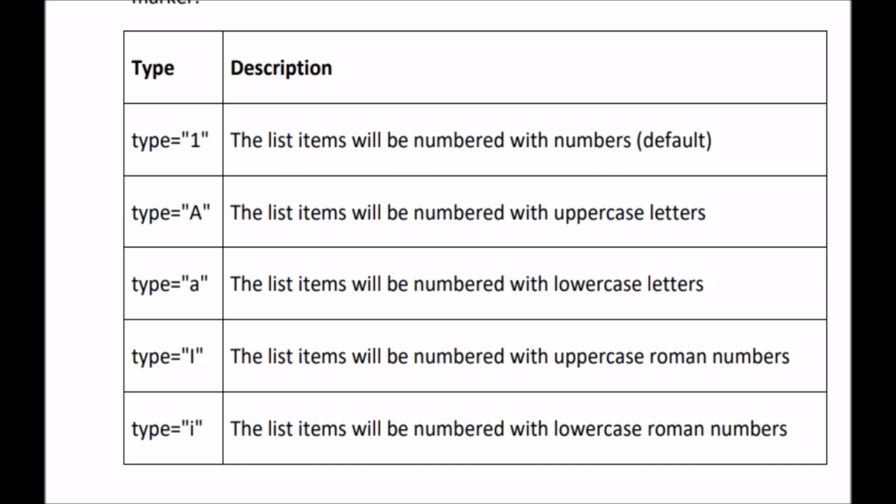The second is type A. It means the list item number will be displayed in uppercase letters. The third is type a. The list items will be numbered with lowercase letters. The next is type I, which is uppercase Roman numbers, and the last is type i, which is lowercase Roman numbers.